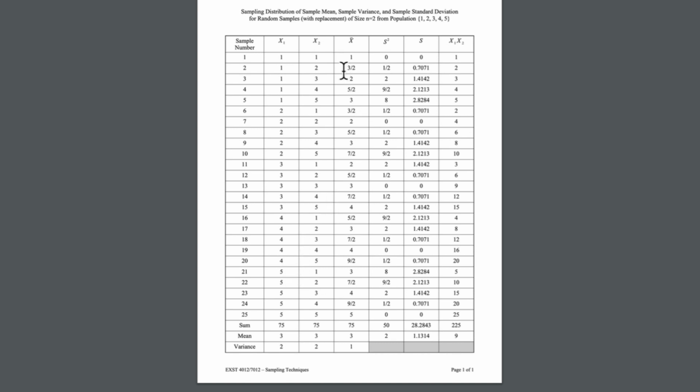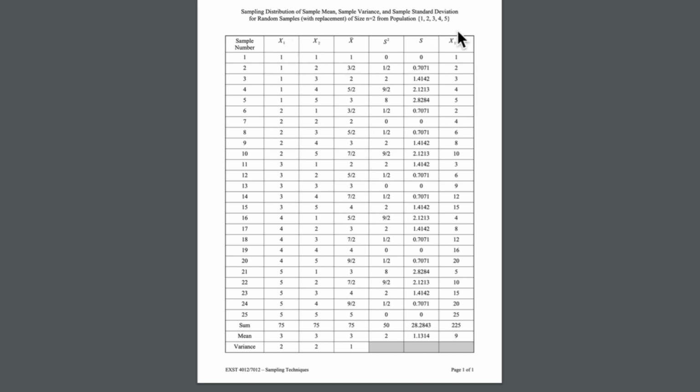Likewise, there are 5 samples where x2 is equal to 1. You see that right there, right there, right there, right there, and right there, and so on. There are 5 samples where x2 takes on each of the values 2 through 5 as well.